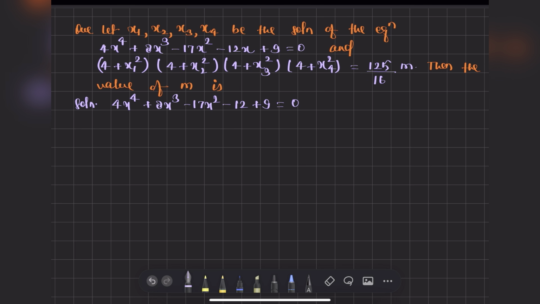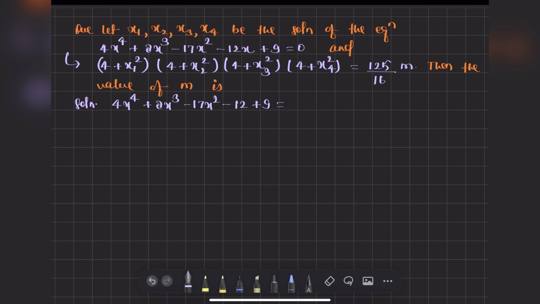Okay, so how should we solve? Look at this. They are multiplying four things, correct? So can I write the biquadratic as the product of its factors? Just remember that we used to have quadratics, and for a quadratic we used to write the product x minus alpha, x minus beta, where alpha and beta were the zeros.